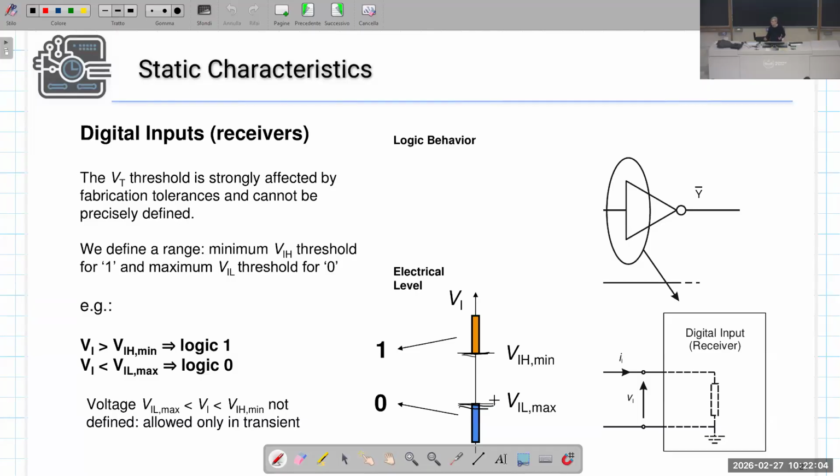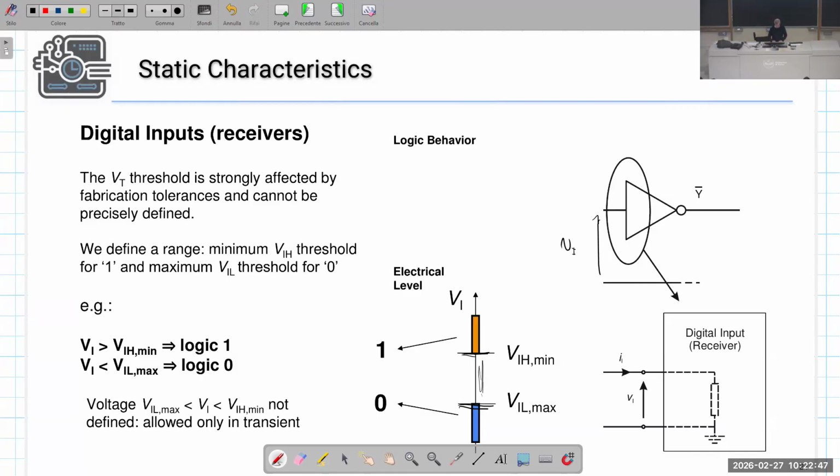For inputs VI which fall in this voltage range, the operation of the gate would be highly unreliable, unpredictable. For this reason, they are not associated to any potentially understandable logical information.